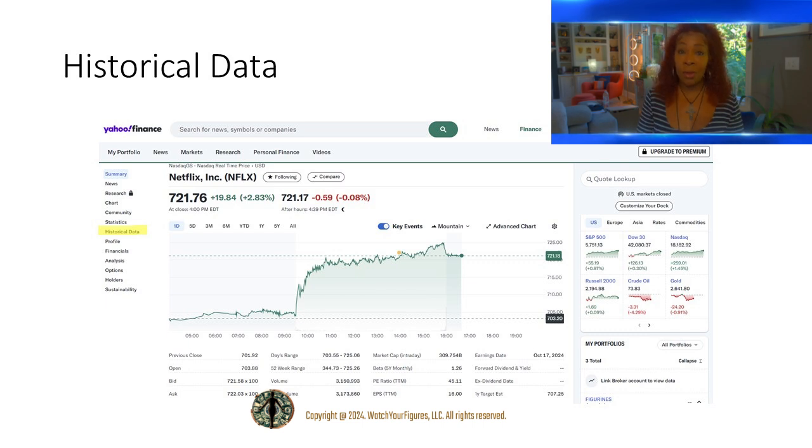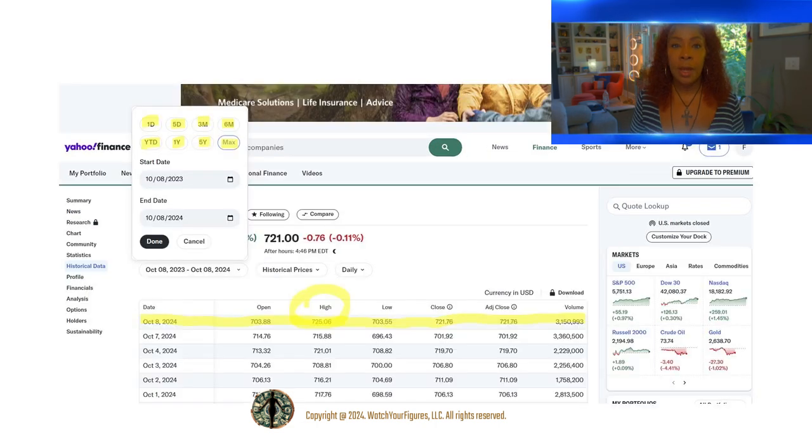Let me show what would have happened if you would have bought Netflix when it first came out. So as of October 8th, the highest Netflix went so far had been $725 a share. Mind you, this stock has split so many times.